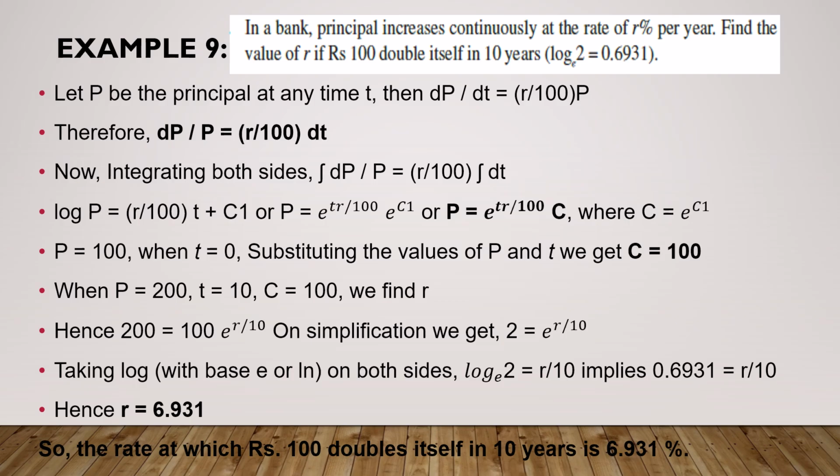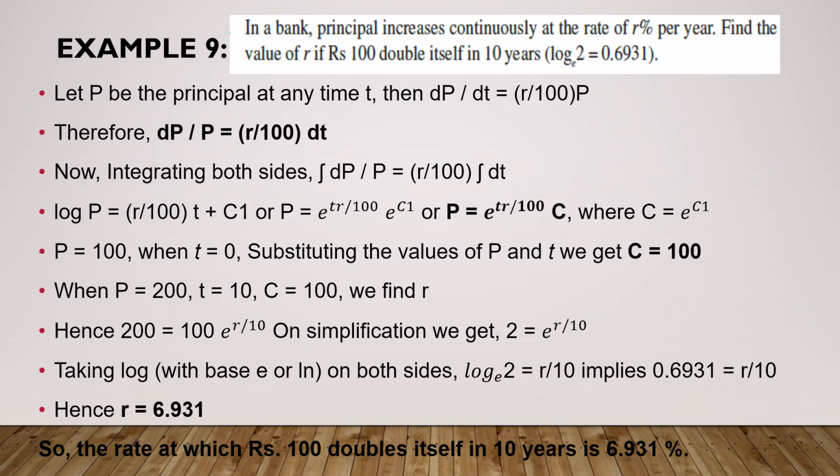So first of all, suppose you are having P, which is the principal amount at any time t. Rate of change with respect to time means dP by dt. I hope it is clear. Rate of change is always the derivative. So dP by dt, this is given to be increasing continuously at the rate of R% per year.